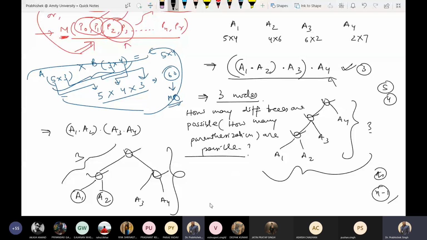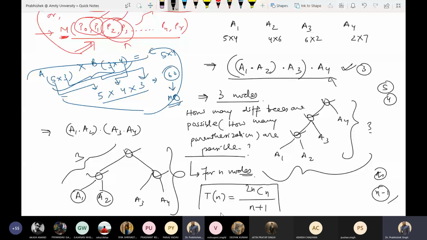This question can be asked in your MCQ based question. Then the formula for this is, for n nodes, you can calculate the total number of parenthesizations using this formula. T of n is equal to 2nCn divided by n plus 1.